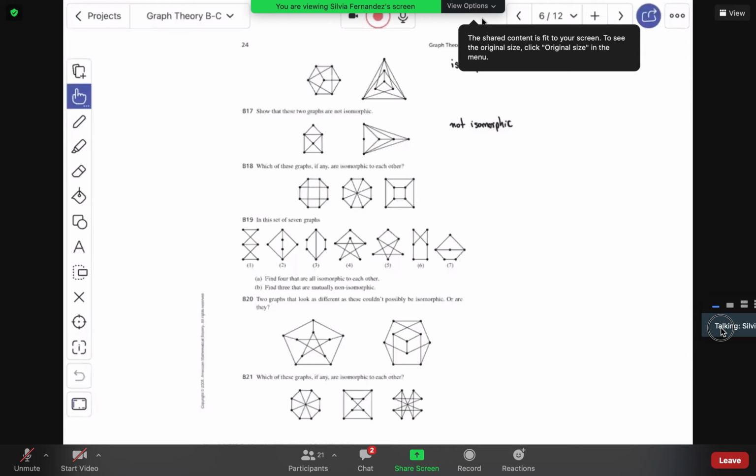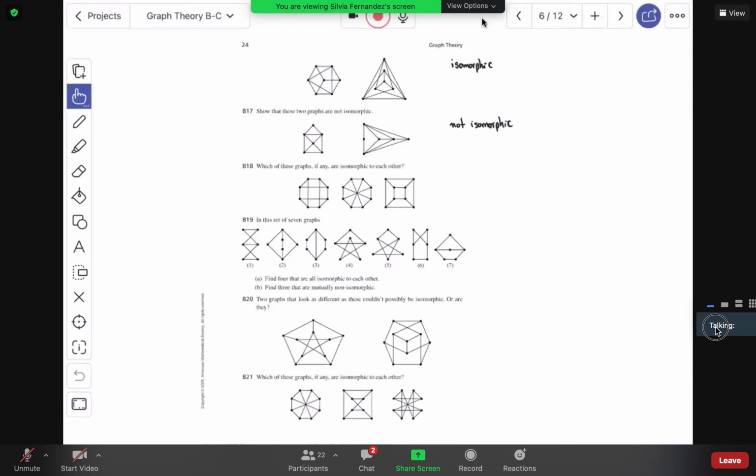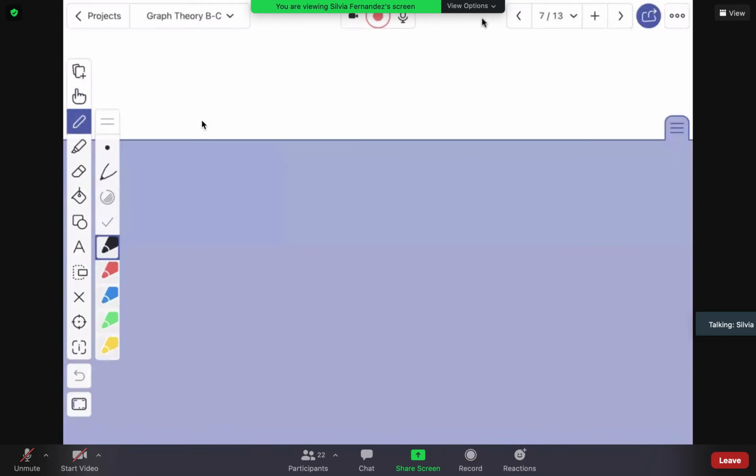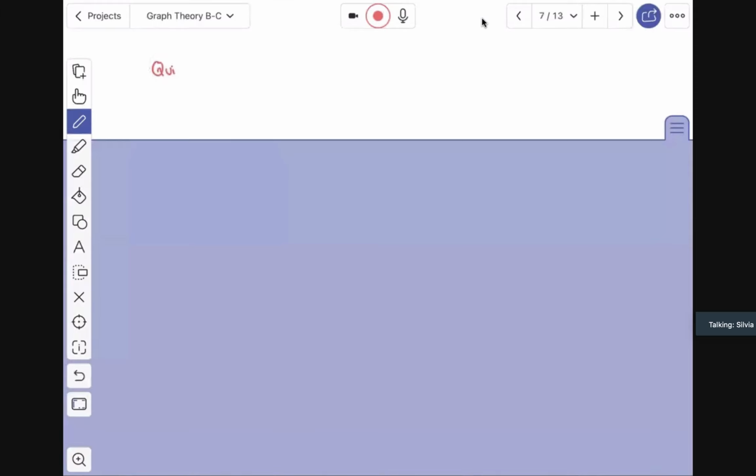So let's see. We have the exam in a week from today. Quiz 6 opens today after class. Quiz 6 is only on graph isomorphisms.